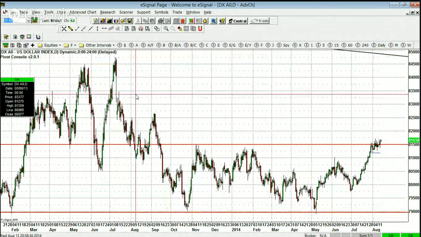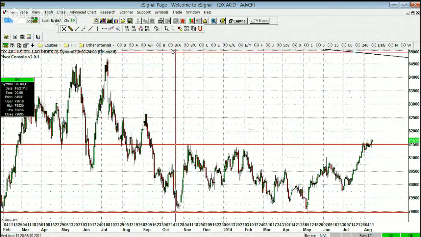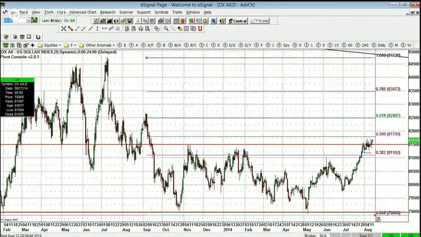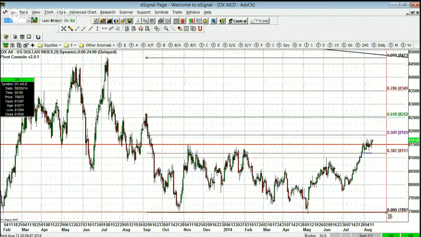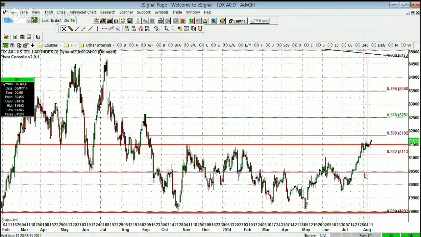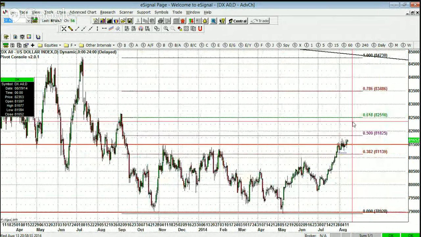The market looks to be correcting this wave down and is heading towards the Fibonacci retracement level of 50%. It's not at 50% yet, it's just below. But this market could go up to the 50% or the 61.8% Fibonacci retracement level.